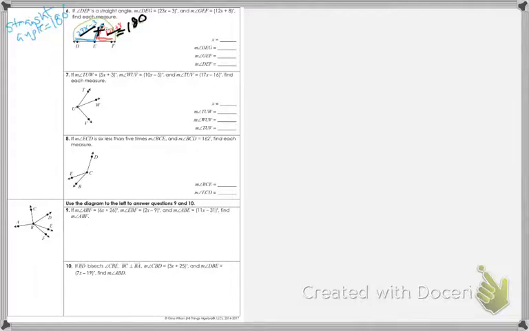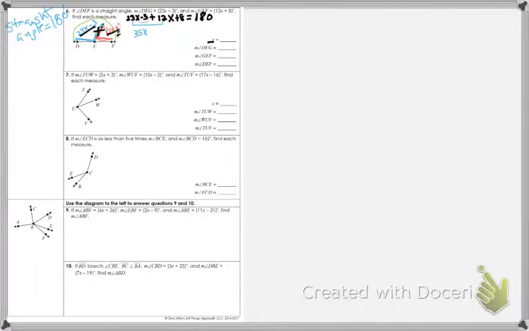So first things first, we got to solve for x. So we have 23x minus 3 plus 12x plus 8. All of that has to equal 180. So I'm going to combine those two together and I'm going to get 35x.